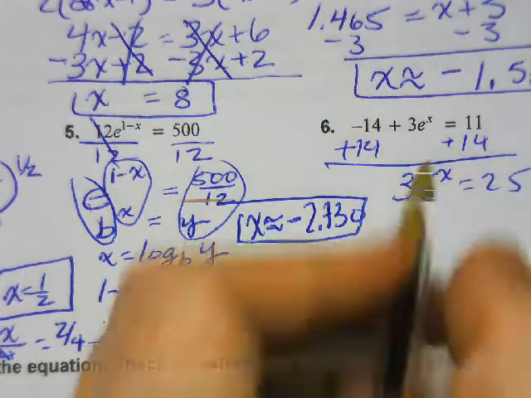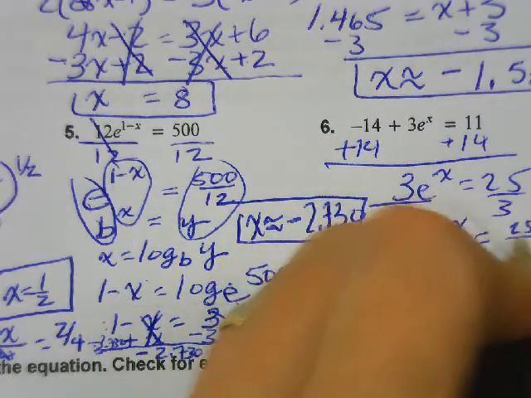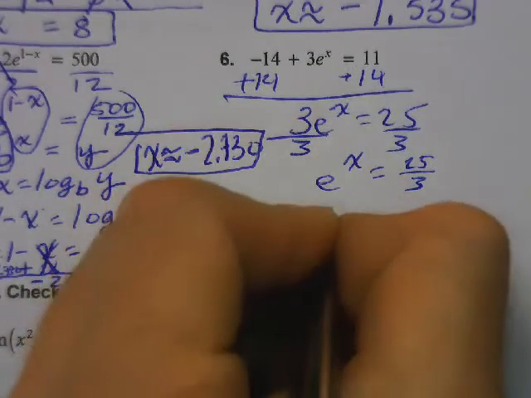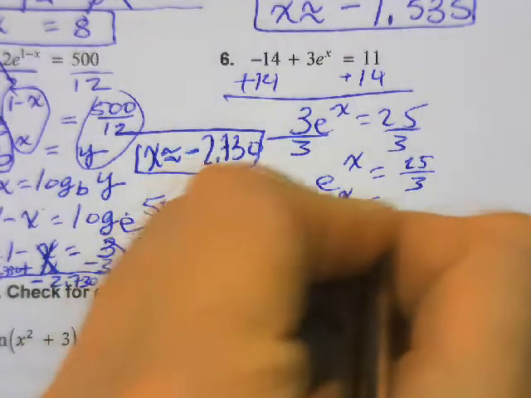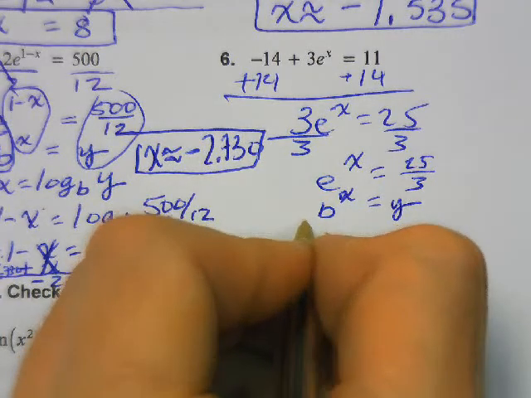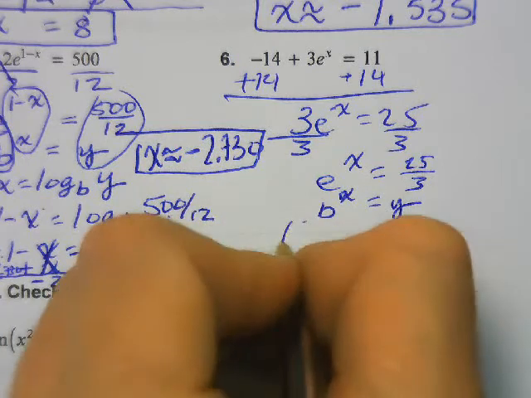So b to the x equals y is the same thing. Another way to write this is that x equals log in base b of y. So we're going to match up our variables. B is e, x is x, and y is 25 over 3.